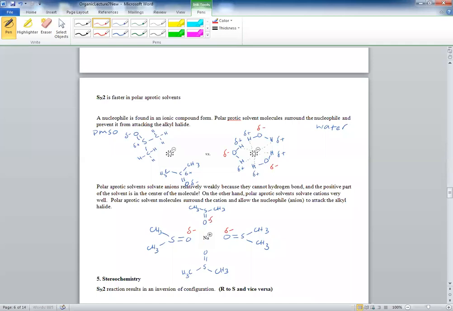Delta minus, delta minus, delta minus. So it holds this cation, that solvates it. It holds it in place and prevents it again from going back and bonding with the Cl minus. So that's the point of using polar aprotic solvents.